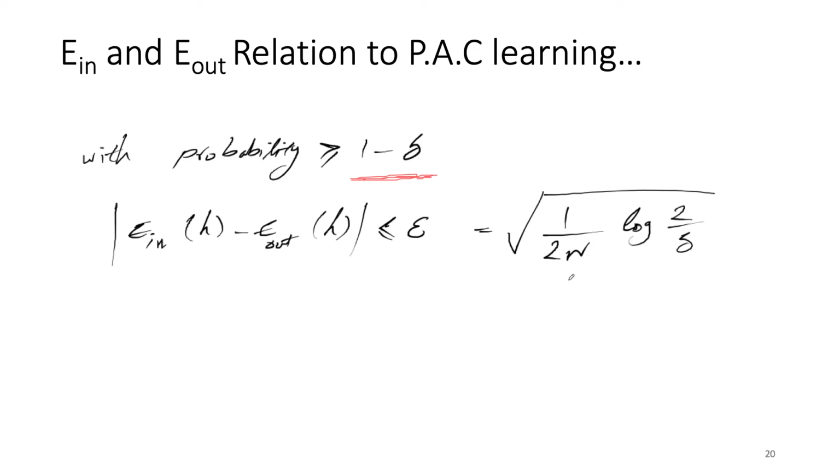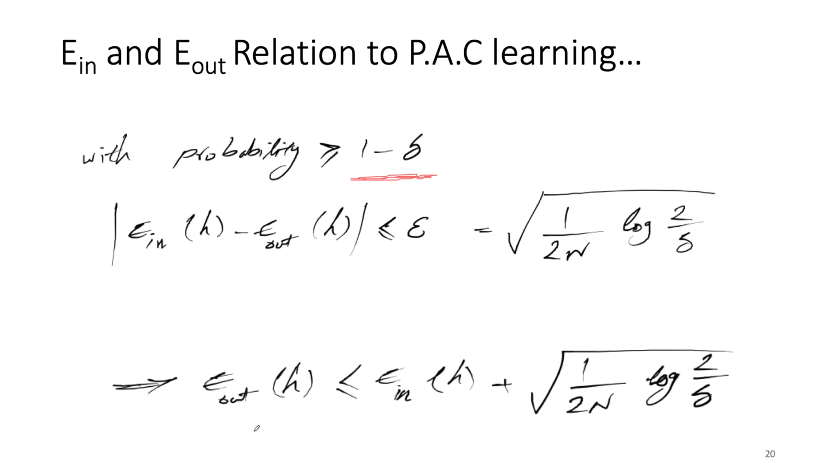Another way to represent the problem is that your out-of-sample error is always smaller than your in-sample error plus this. So now you can sort of visualize why normally your out-of-sample error is higher than in-sample error when you train models.